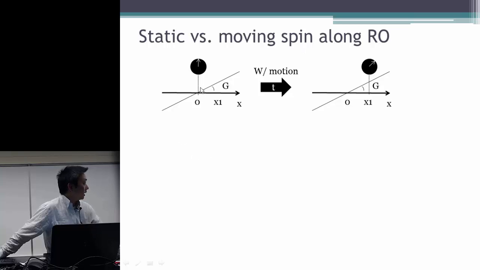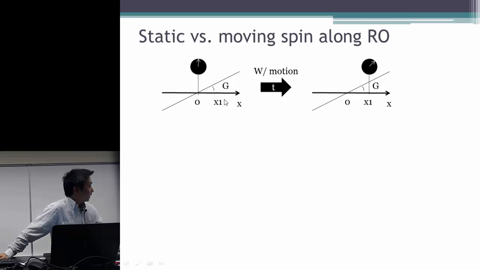And let's say there is a spin at the beginning of the excitation. If this is a static tissue or static spin, it will remain at the same location regardless of the scanning process.